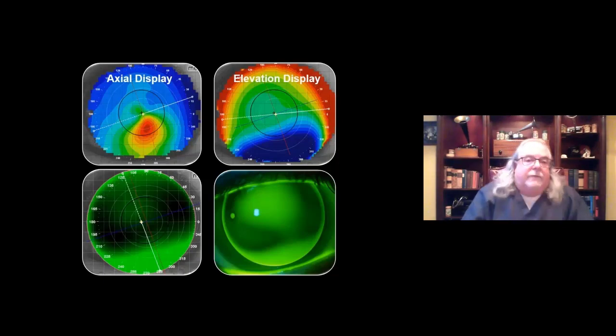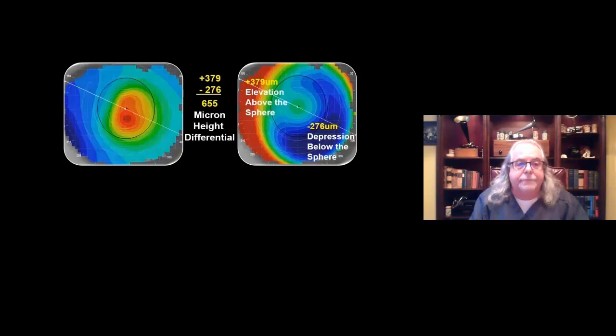Yes, the lens is going to lift off over that blue lake down below, but nonetheless, the height differential in this cornea is within a realm whereby a corneal GP lens is going to function quite well.